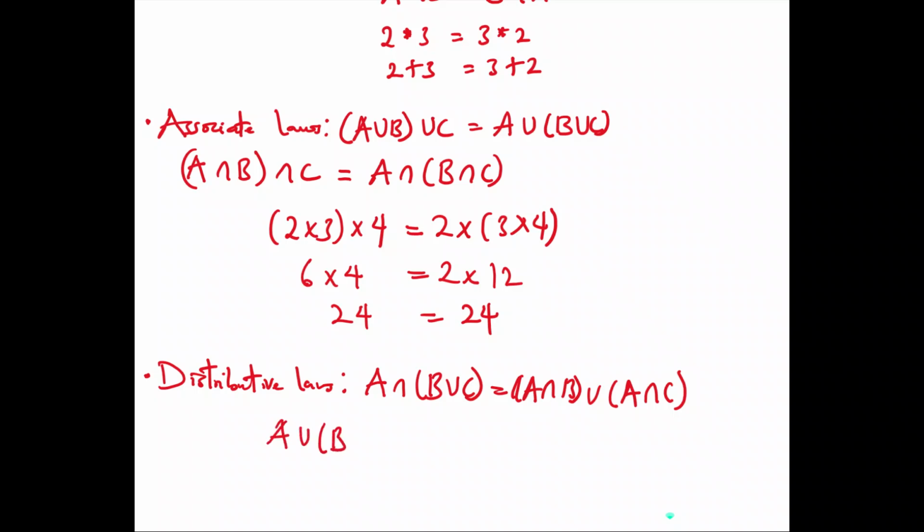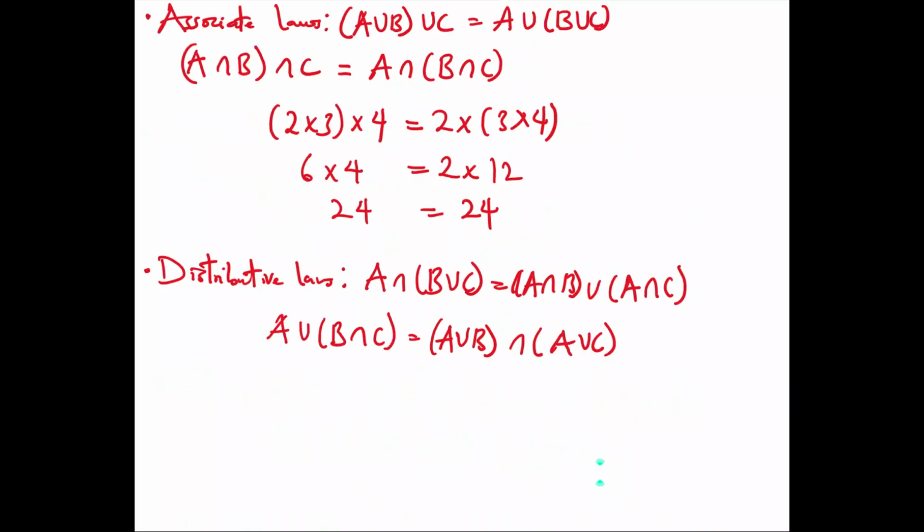And it says that A union (B intersection C) is equal to (A union B) intersection (A union C).